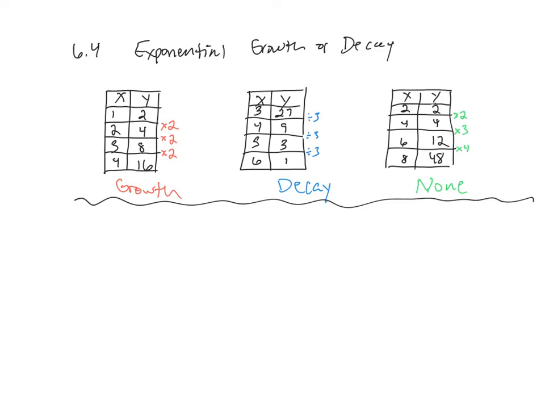Okay, so the growth and decay part should be really easy. For growth or decay, you're just looking at that number. You don't even care about the 28, whatever number that is in the front, it doesn't matter.